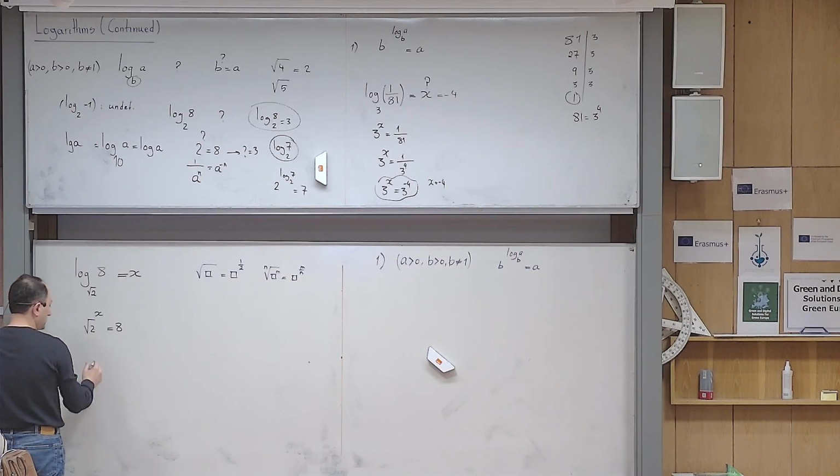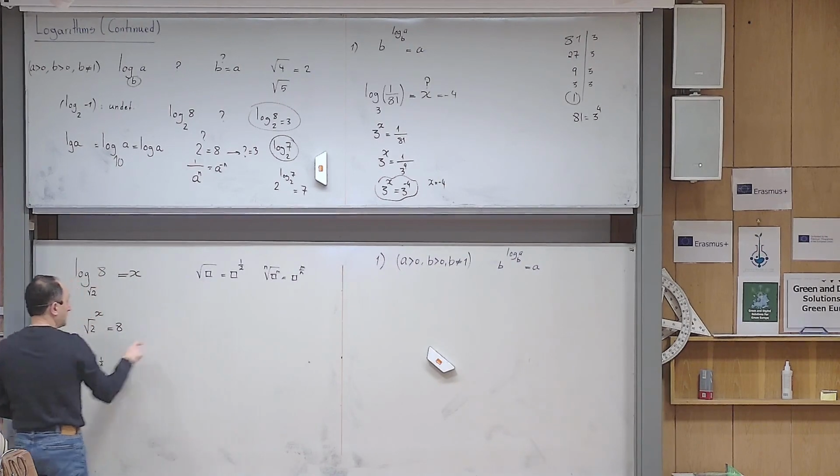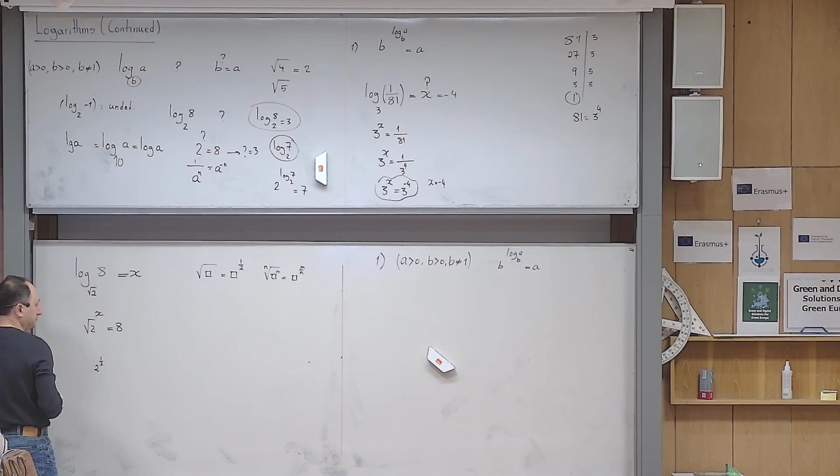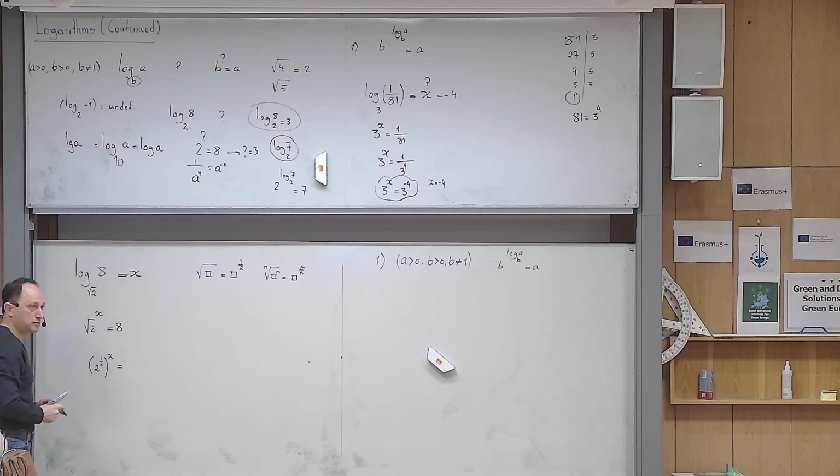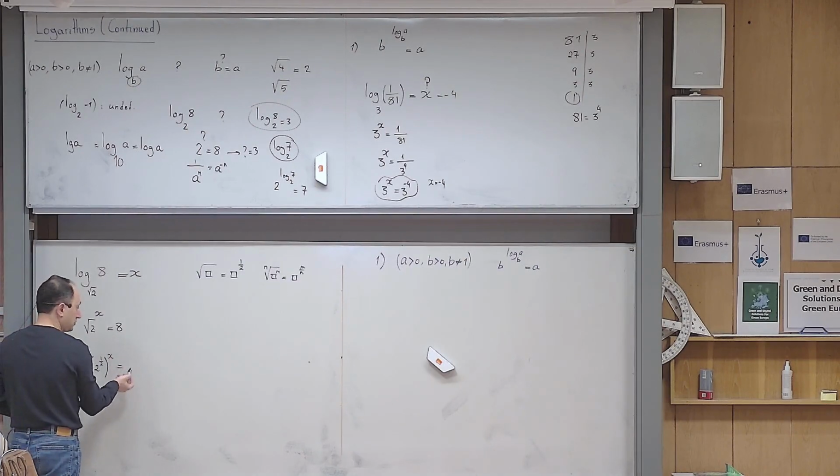Instead of square root of 2, I write 2 to the power of 1/2 according to what I just told you. Here the box is being played by this 2. And then of course everything is raised to power x. On the right hand side, I hope that this is easy. 8 is 2 to which power? This is 2 to the power 3.